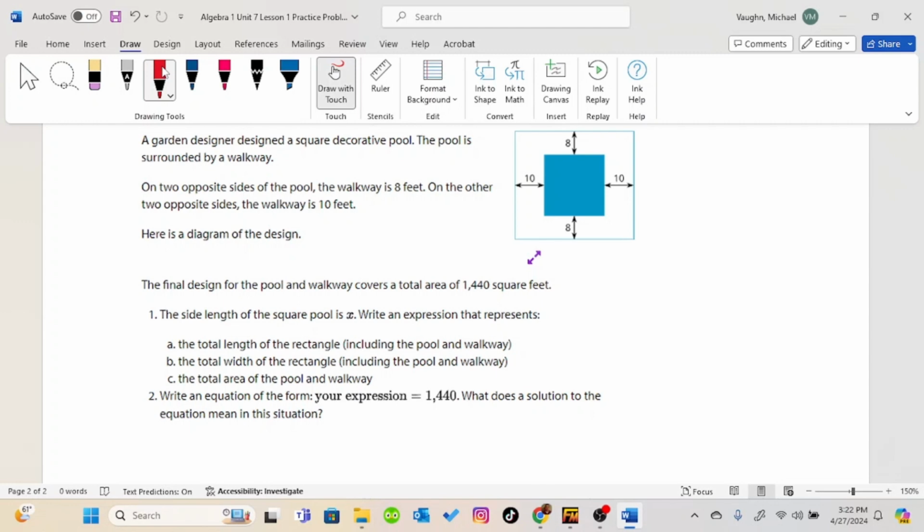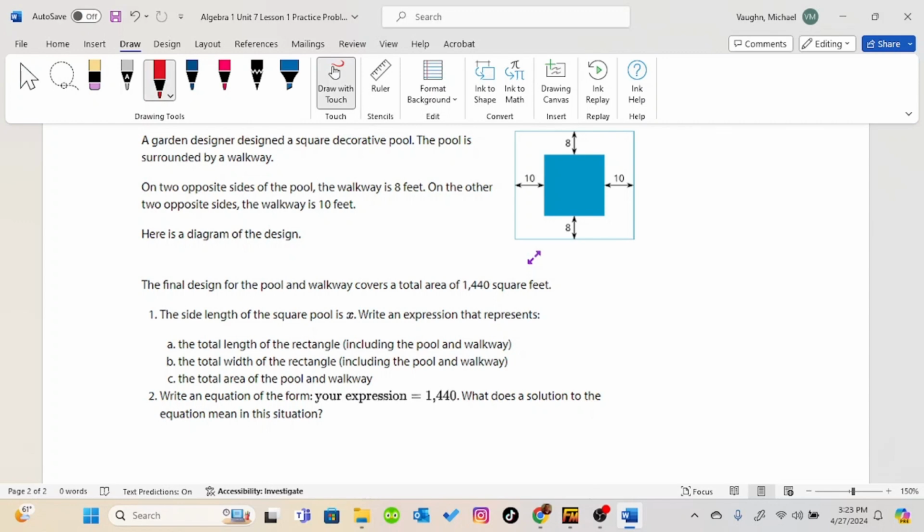The final design for the pool and walkway covers a total area of 1,440 square feet. Number 1. The side length of the square pool is x. Write an expression that represents A, the total length of the rectangle, including the pool and walkway.